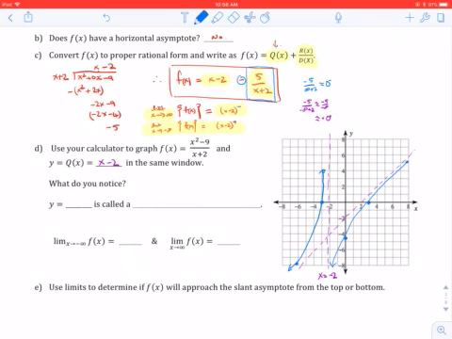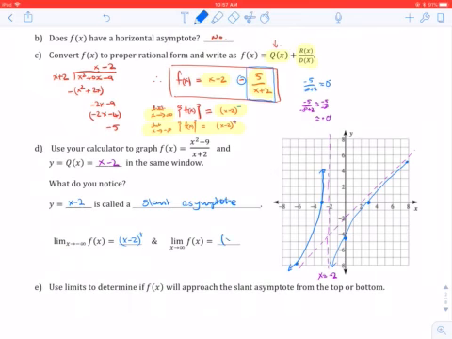We say that the line y equals x minus 2 is a slant asymptote. You can call it an oblique asymptote, sometimes referred to as a diagonal asymptote. And we've already talked about those limits. The limit as x tends towards negative infinity, well, we approach the line x minus 2, but we're just above it.